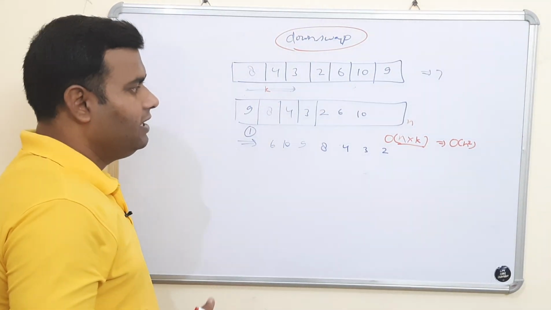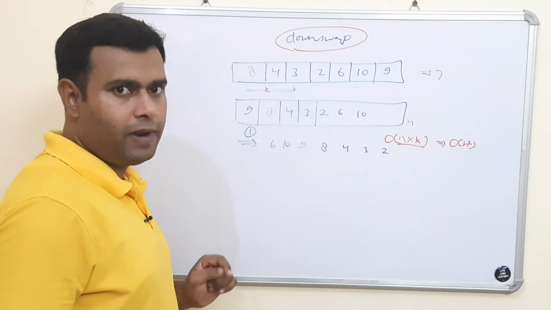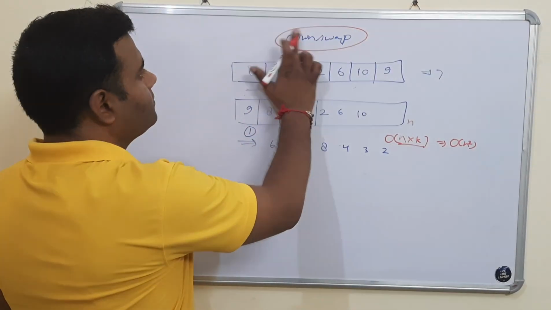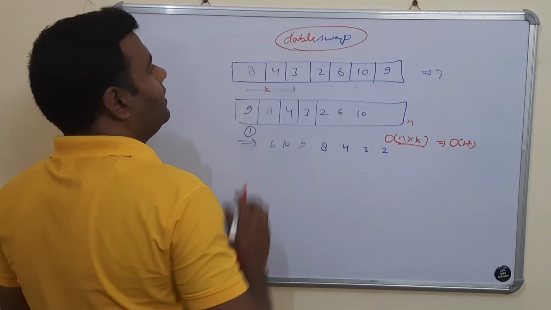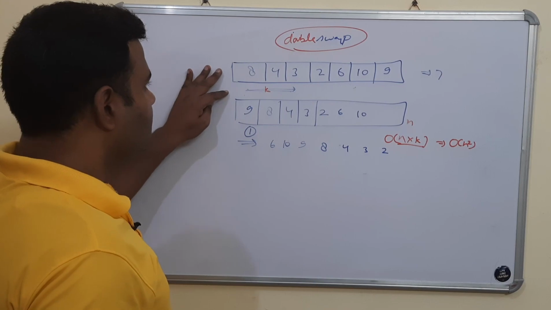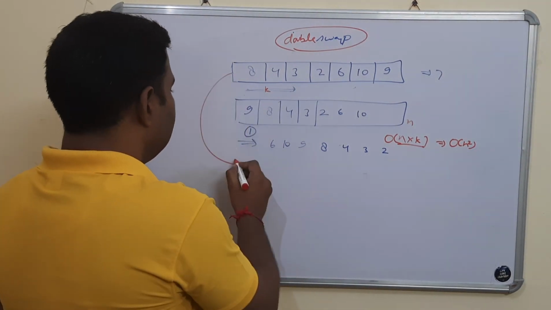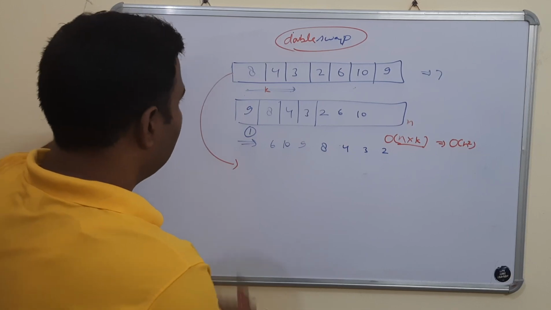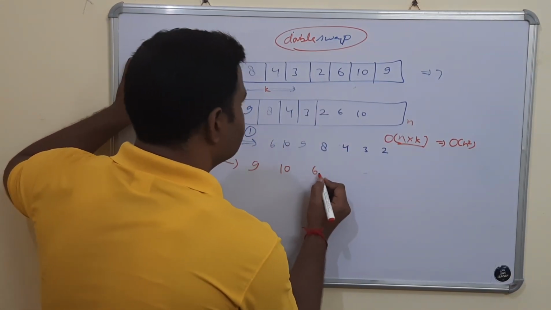Now if I ask whether you can reduce the complexity, definitely, with the double swap approach. What does it say? First you swap all the elements. Taking this as the original array, we swap all the elements, and the swapped array will look like this.